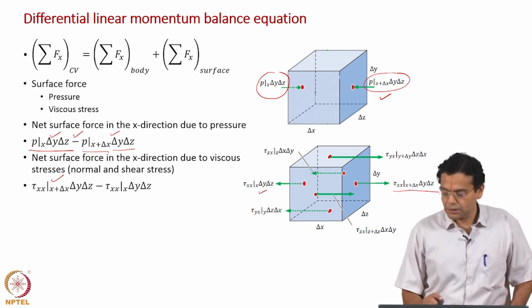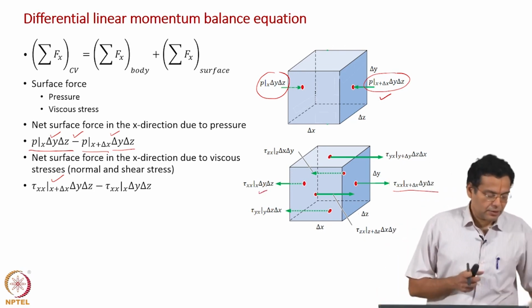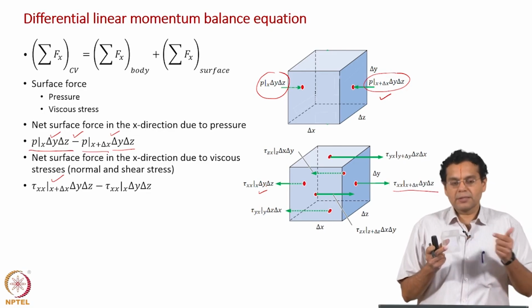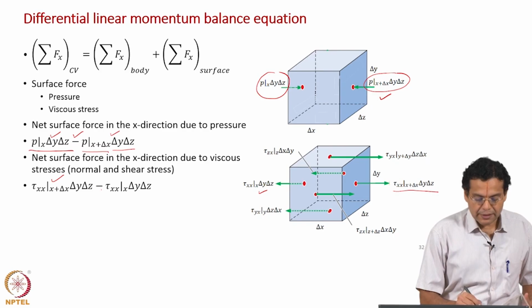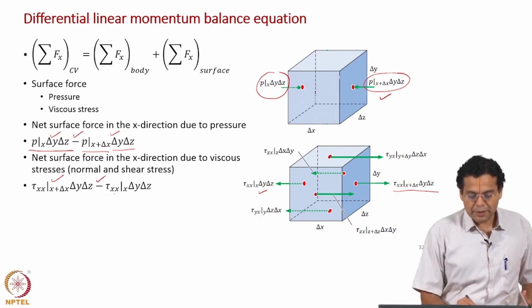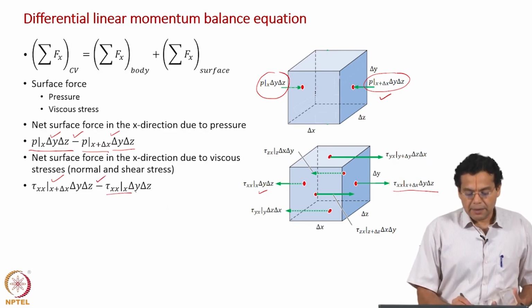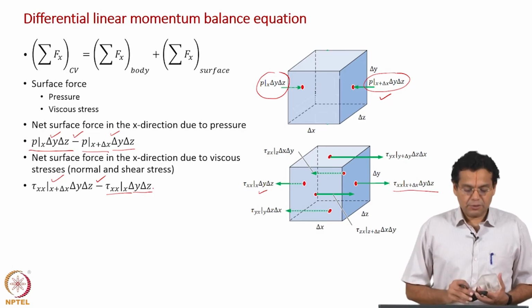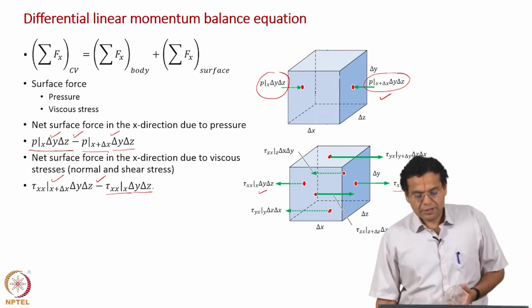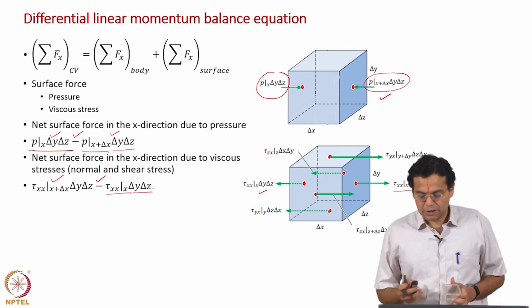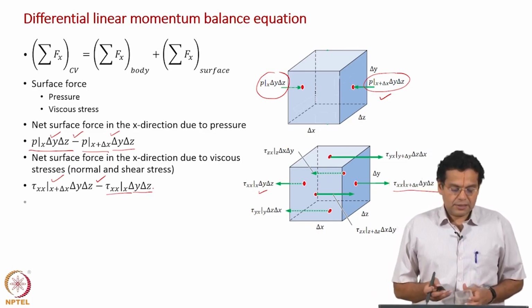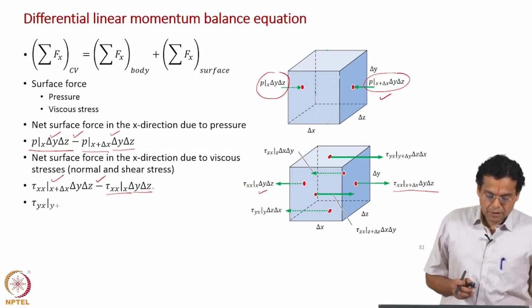Now, on the opposite side, you have the normal stress acting along the negative x axis, and that is why we have a negative sign here, and tau xx evaluated at x multiplied by the area. So, this accounts for the net surface force in the x direction due to normal stresses alone. Now, let us do it for the shear stresses also.